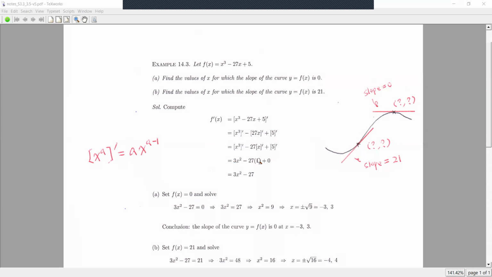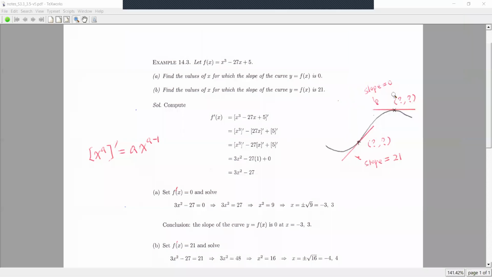Derivative of x is 1. Derivative of the constant 5 is 0. Therefore, this is the derivative of this function. This is the slope of the tangent line to the graph of this function at the point x.